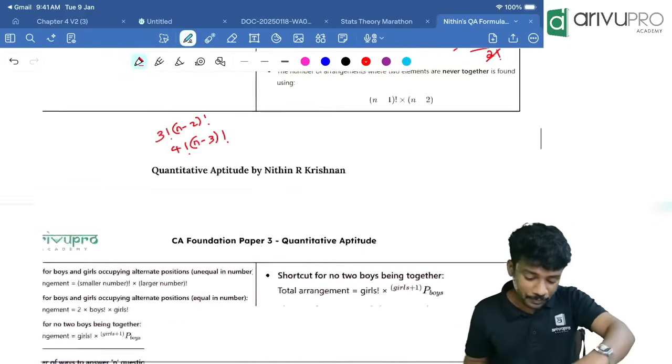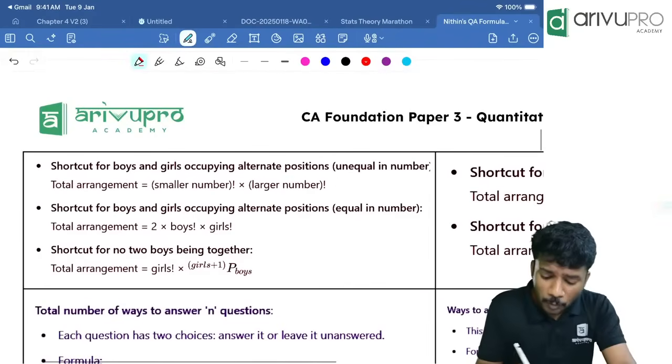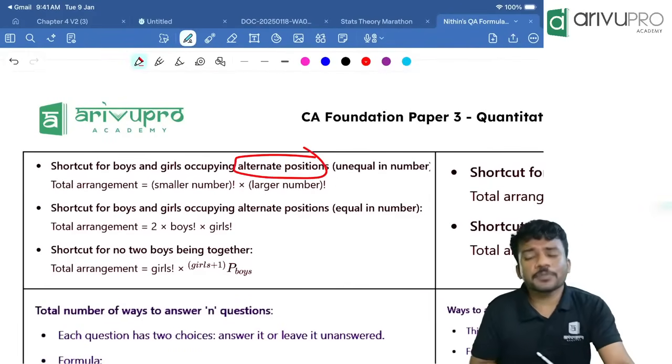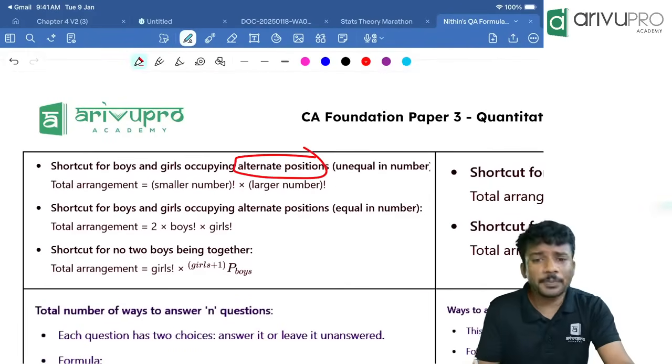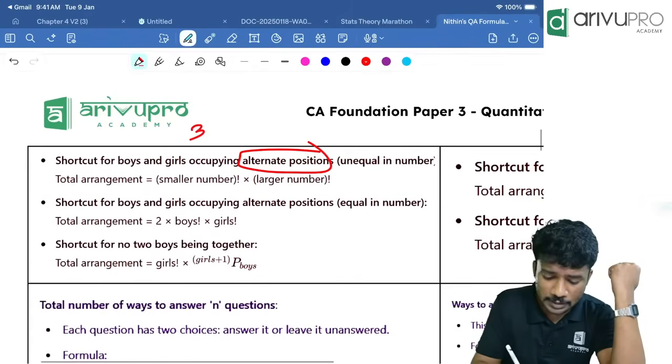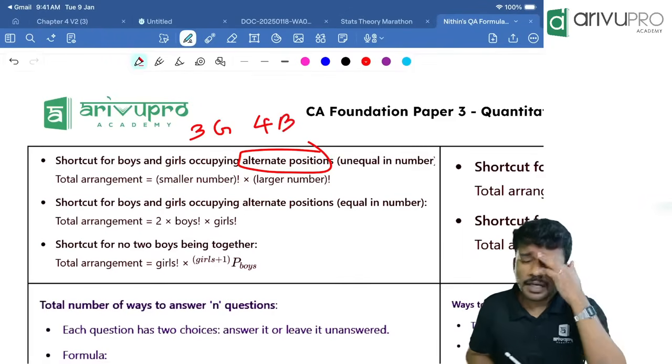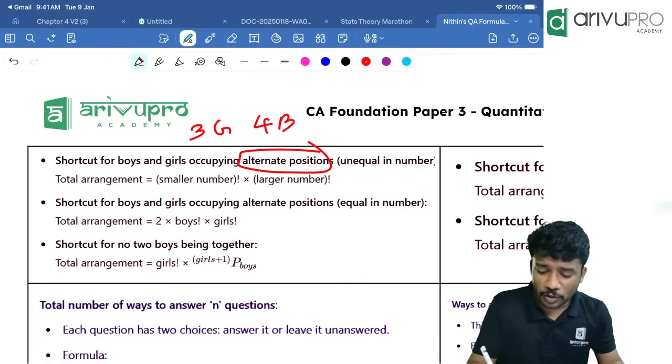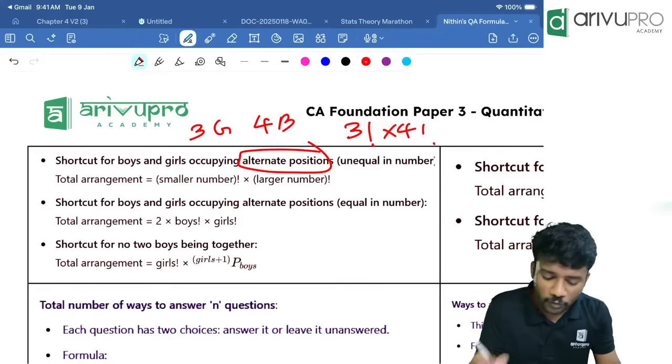Next one. For boys and girls occupying alternate positions, if they are equal in number, people, I am telling, 3 girls are there, 4 boys are there, and they are sitting in alternate positions. What is the answer? 3 factorial into 4 factorial.